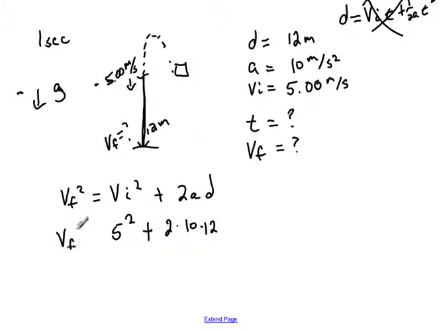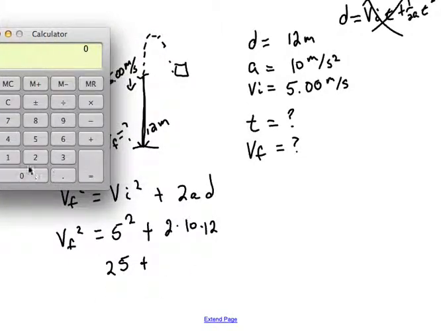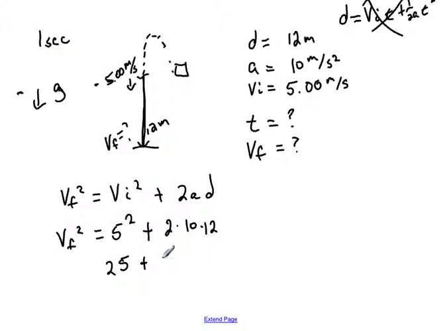So VF squared equals all this. So we get 25 plus 20 times 12. Should be 240, but I'm going to make sure I get this. 12 times 10 times 2. 240. Just want to make sure. Alright, so now we're going to have 265 equals VF squared.